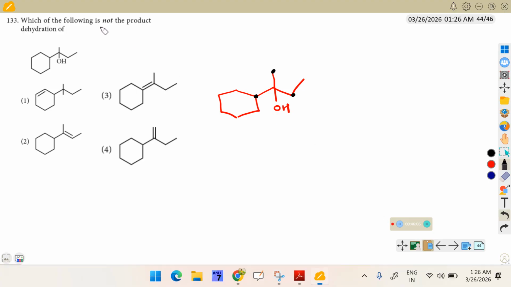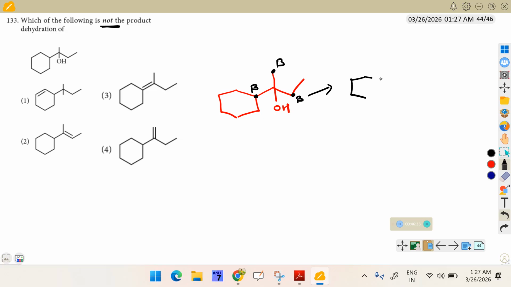Which of the following is not possible? Dehydration: remove a water molecule. Remove a hydrogen atom from the beta carbon atom. How many beta carbon atoms are present? This is beta, this is beta, this is beta.